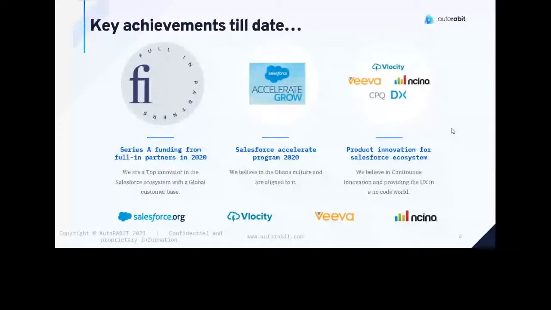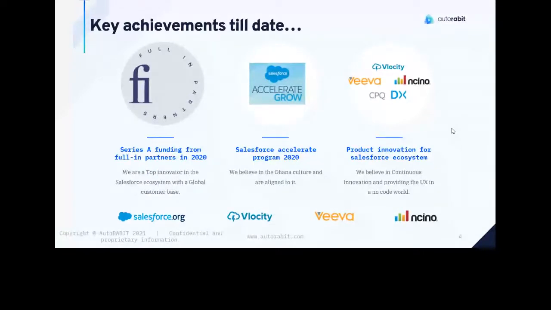And the third key achievement was over the period of time, we have been able to work with different Salesforce platforms as well as its different ISVs or managed packages. For example, some of you must have heard about Salesforce Sales Cloud, Service Cloud, which are Salesforce's own platforms. Then we have Salesforce DX, especially for the developers. Then we have CPQ, which is configure price quote, right?